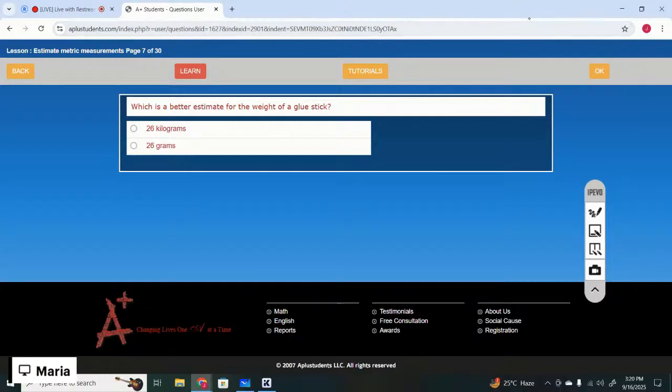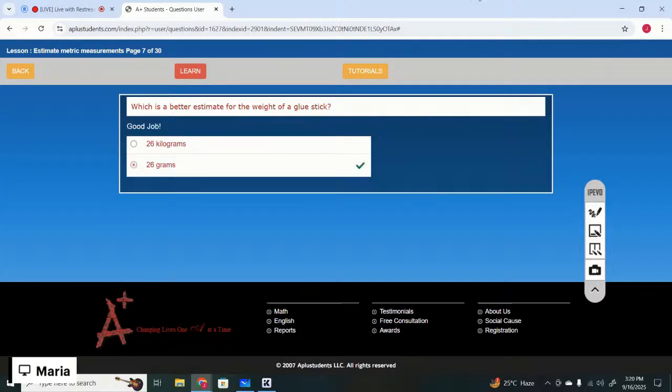Which is a better estimate for the weight of a glue stick? So, which is the correct option? A glue stick would be 26 grams because 26 kilograms is too much for a glue stick.